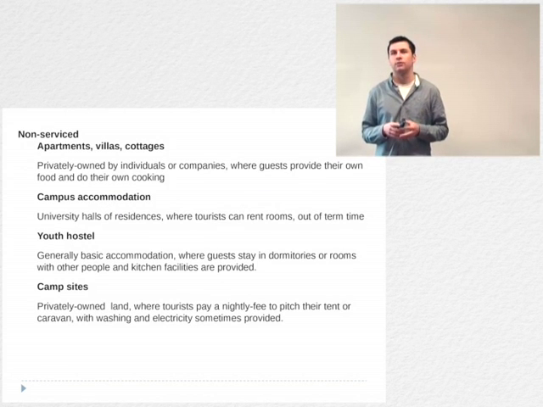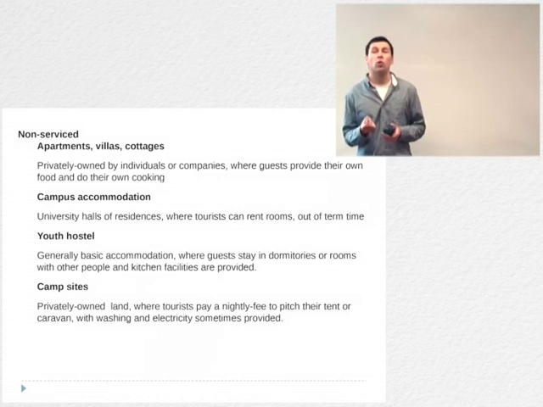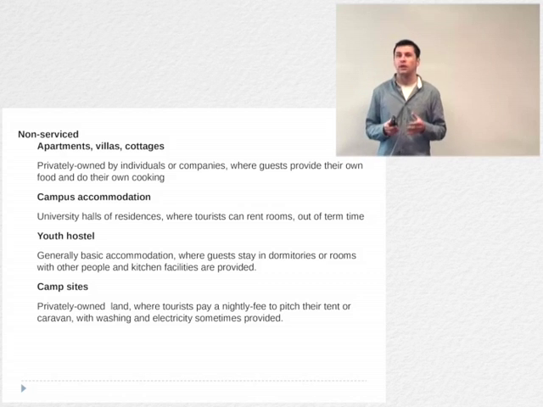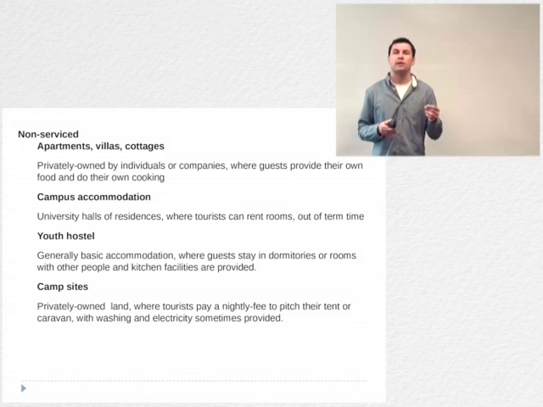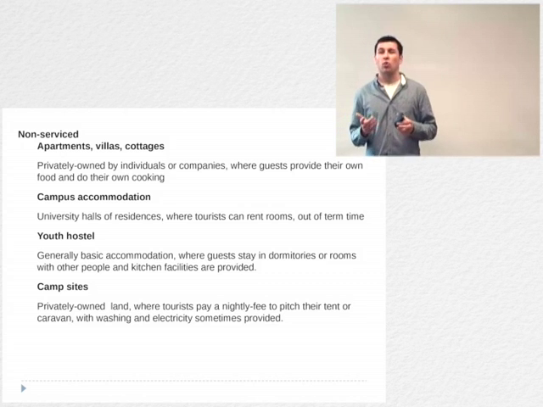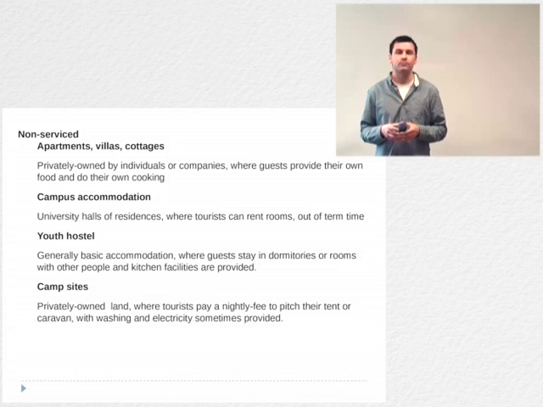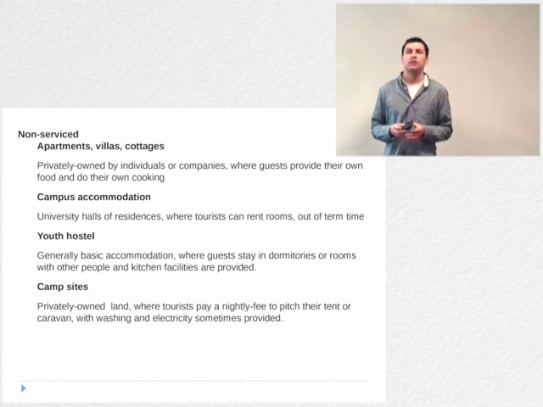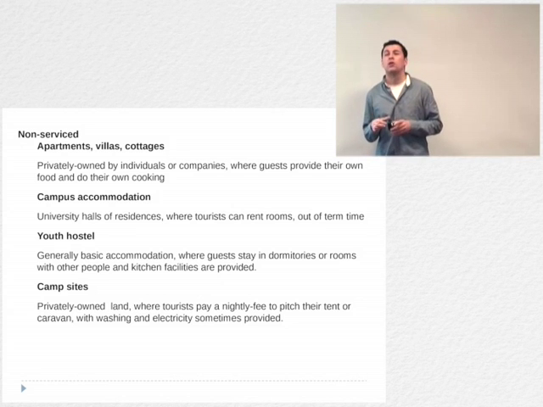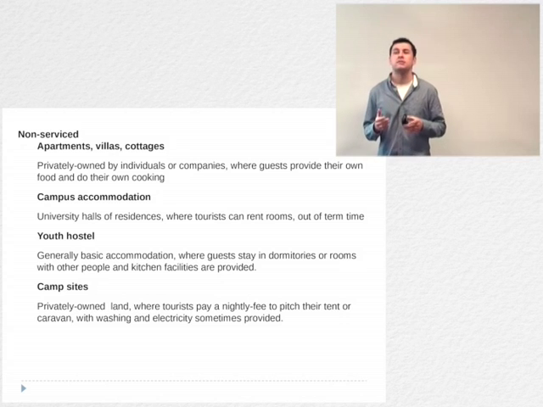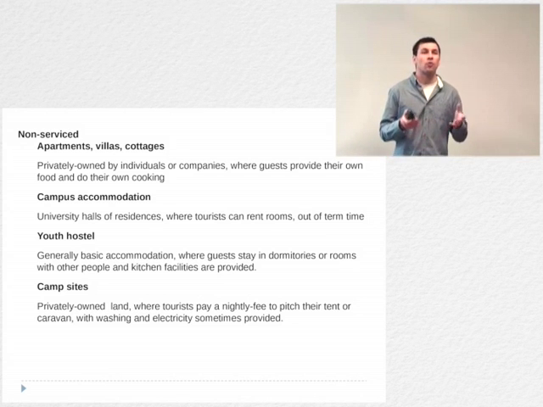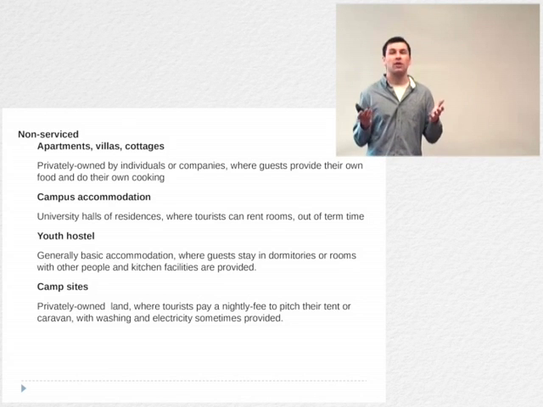Non-serviced accommodation, so apartments, villas or cottages. These are privately owned by individuals or companies where guests provide their own food and do their own cooking. Campus accommodation in university halls of residence, where tourists can rent rooms out for the duration of their college term.